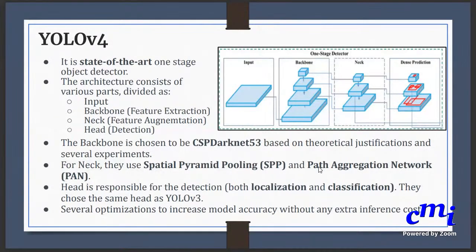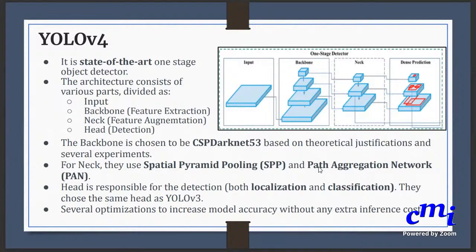What it does is basically separate out the most significant context features, and at the same time there is no reduction in network operation speed.